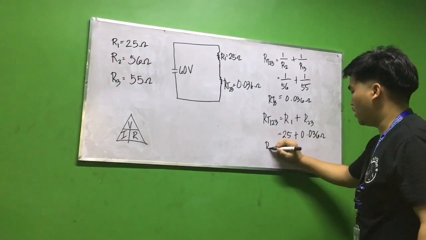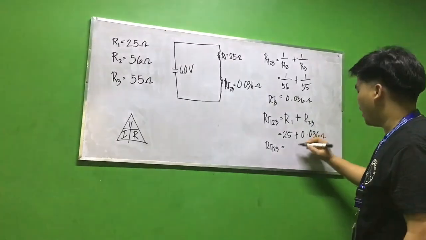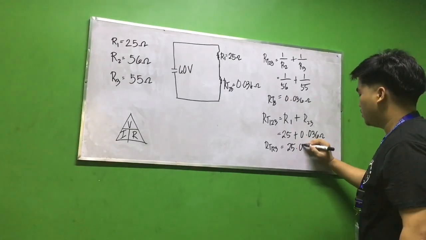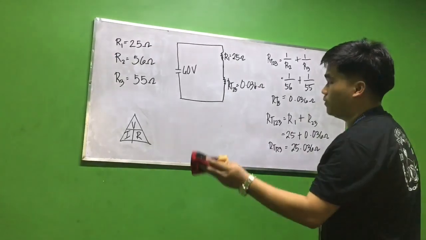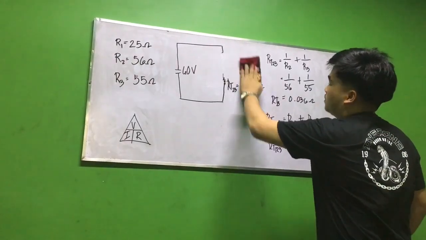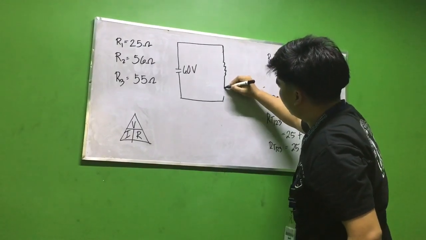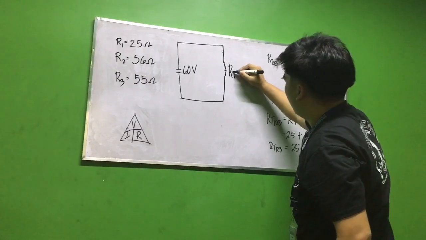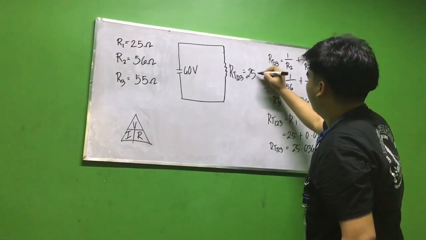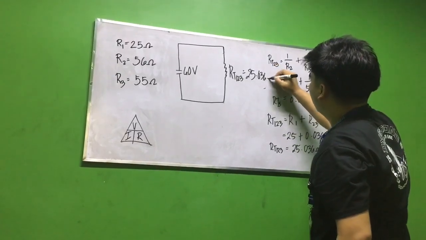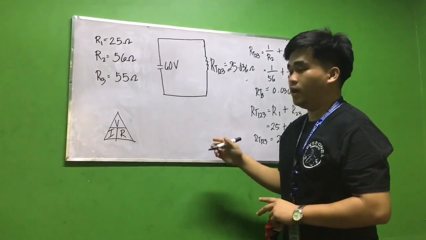So our total is 25.036 ohms. Next we change this diagram. RT123 equals 25.036 ohms.